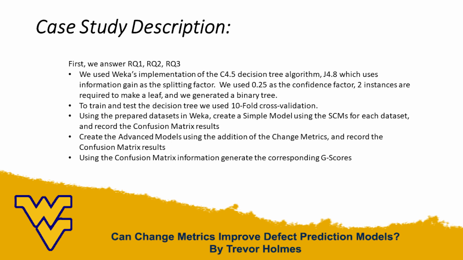After that, we create the advanced model using the addition of the change metrics and record the confusion matrix result. Once we have the confusion matrix information, we generate the recall, the false positive rate, the false alarm rate, and then the G-score.